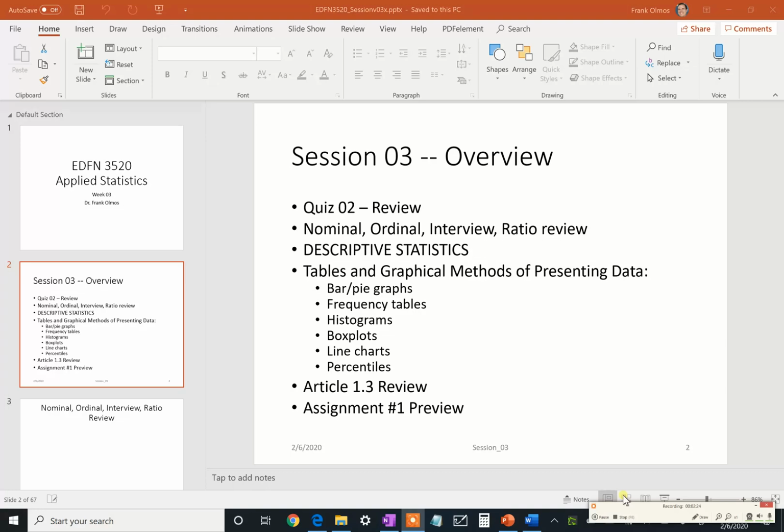Well, this is an opportunity to learn more about Excel. This statistics course is much more than just the content. It's also understanding how to use the tools necessary to generate statistics. So that includes software programs.